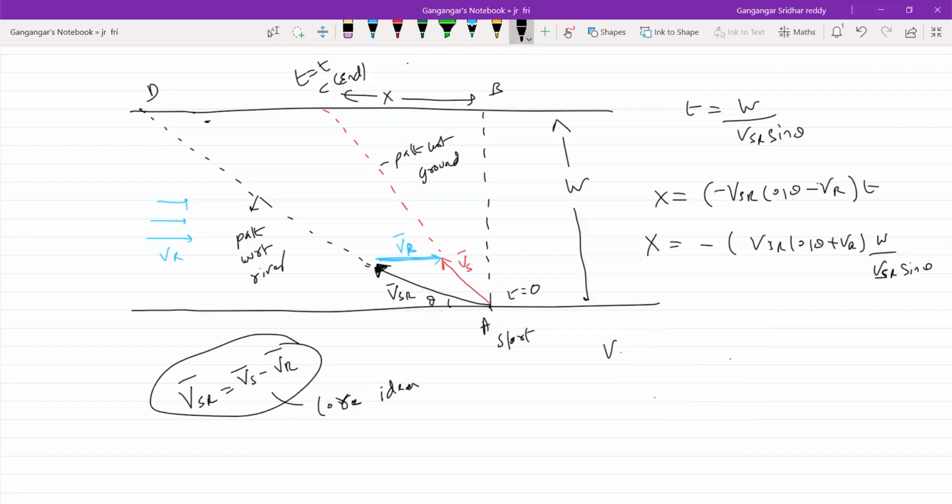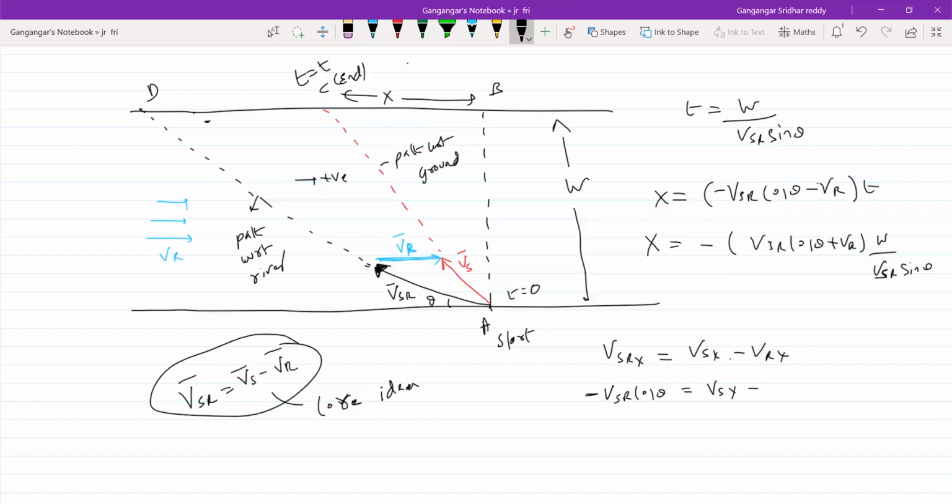So what that formula says, VSRX equals VSX minus VRX. So the drift depends on what? Let me substitute all this. This will be VSR cos theta. VR will be towards right, no? If you take towards right as positive, VSR bar was towards left, negative.